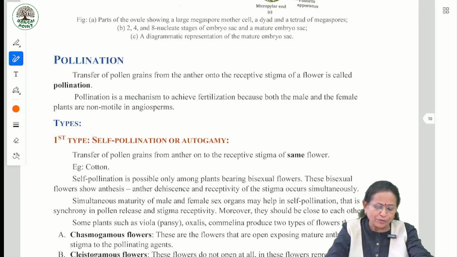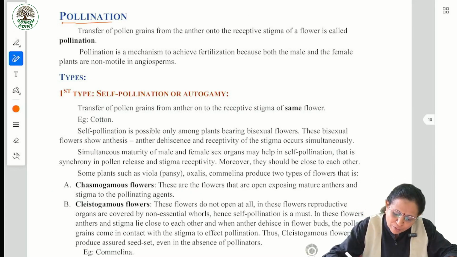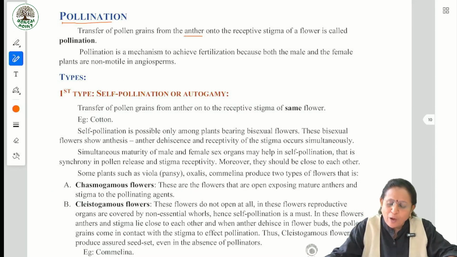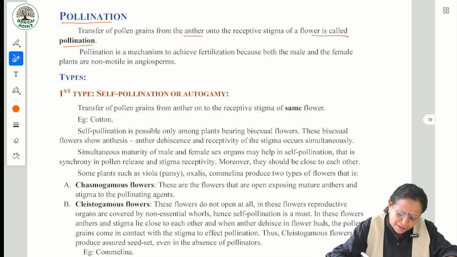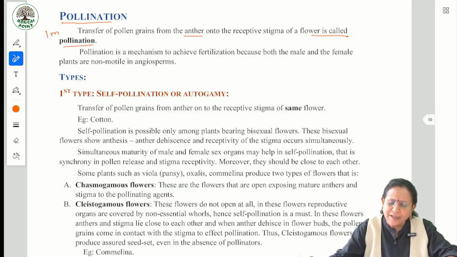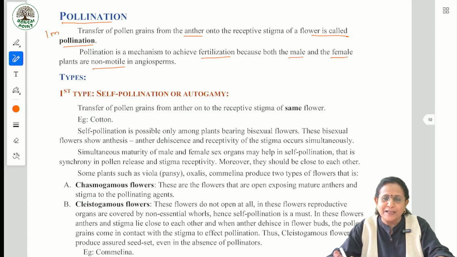Let us pass on to the topic that is pollination. Transfer of pollen grains from the anther onto the receptive stigma of a flower is called pollination. It's a 1-mark question. Pollination is a mechanism to achieve fertilization because both the male and the female plants are non-motile in angiosperms.